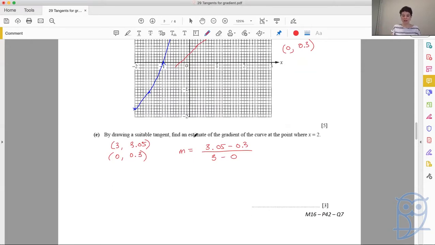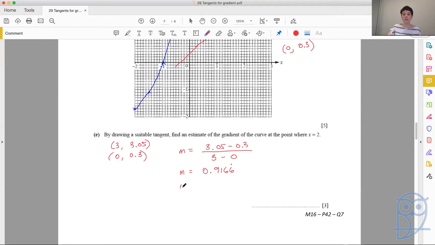So we grab our calculators, set up our fraction, 3.05 minus 0.3 divided by 3 minus 0, or just 3, and that gives us m equals 0.916, and then the 6 goes on forever. That 6 is recurring.